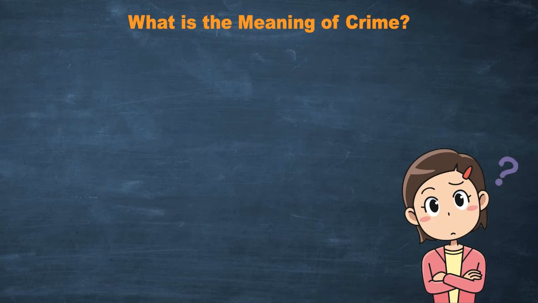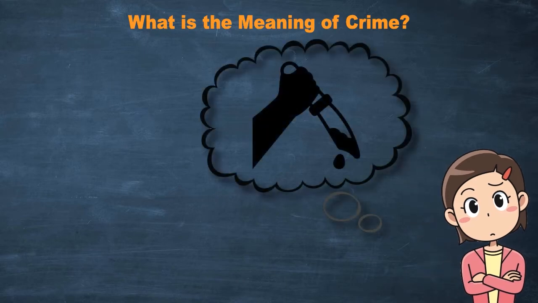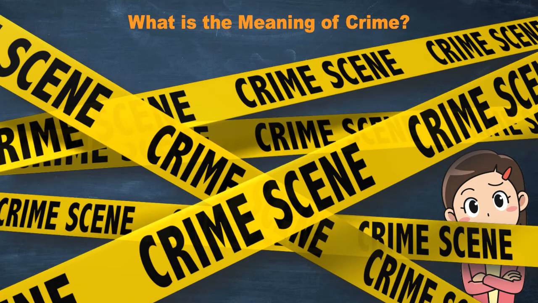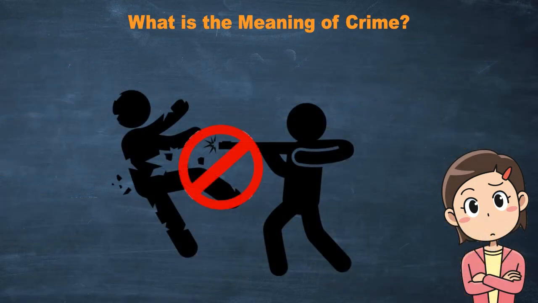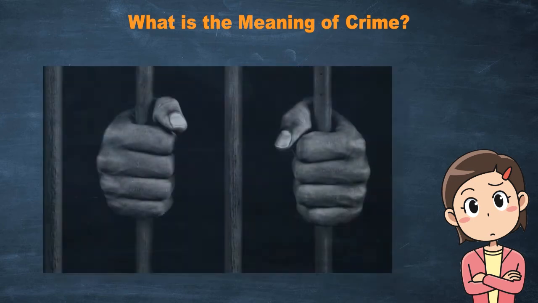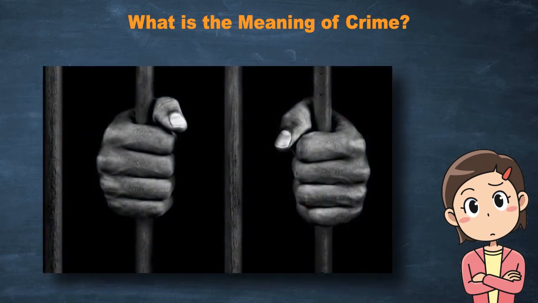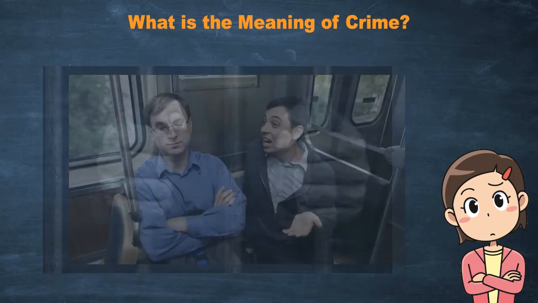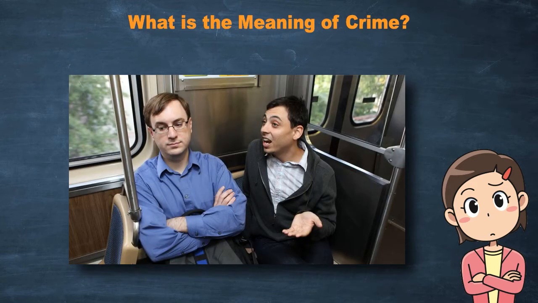So, what is crime? What first comes to your mind when you hear this word crime? It is something that is not allowed to do. It is something that is punishable. It is something that people avoid discussing.